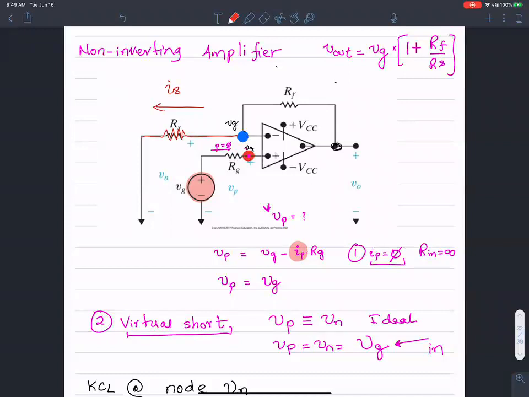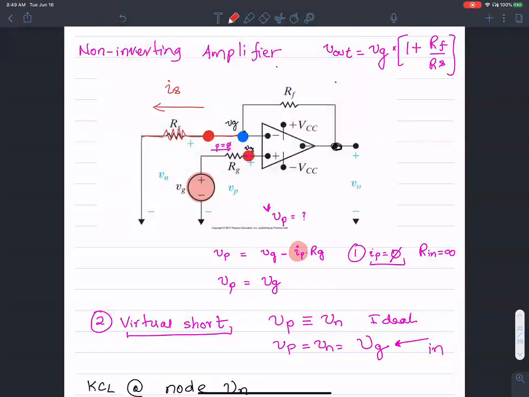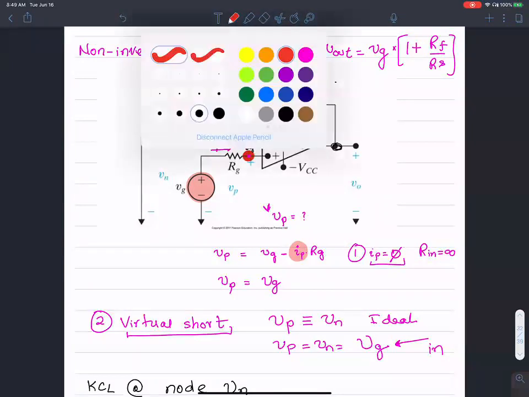So the voltage on this node minus the voltage on this node, divided by RS. But the voltage on this node is ground. Oh, so this guy is connected to ground, right? Yes. Okay. Make sense? That's a good question, thank you.